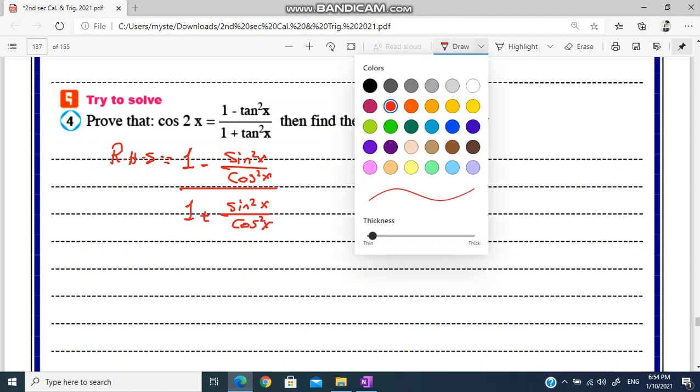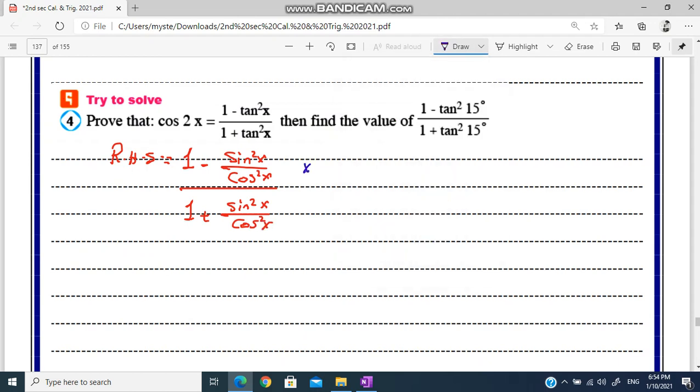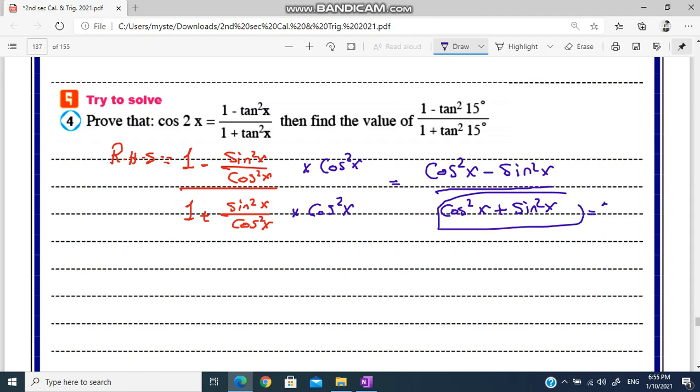Multiply both numerator and denominator by cosine squared x, so it will be (cosine squared x minus sine squared x) over (cosine squared x plus sine squared x). The denominator will be 1, and the numerator will be cosine 2x, so cosine 2x over 1, which equals cosine 2x. This is the left hand side.